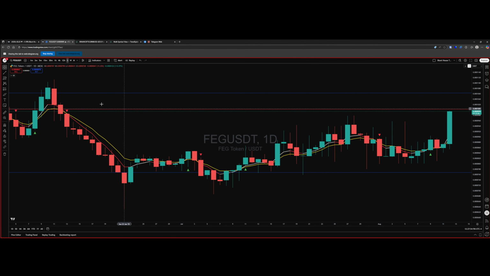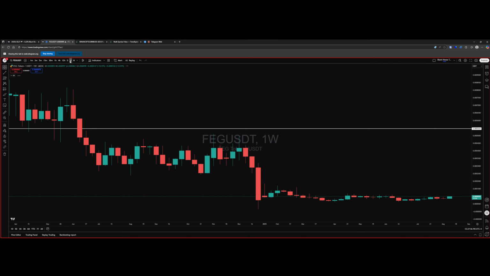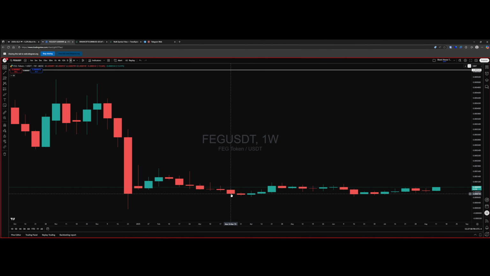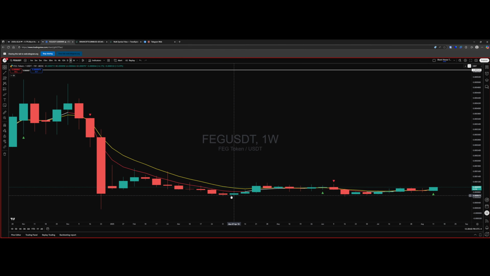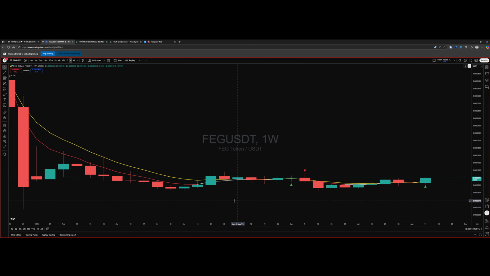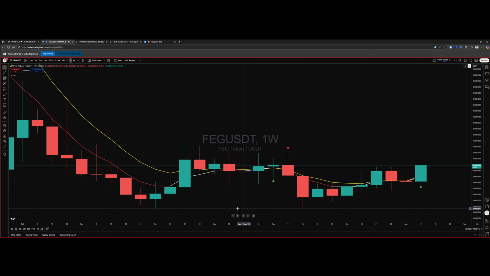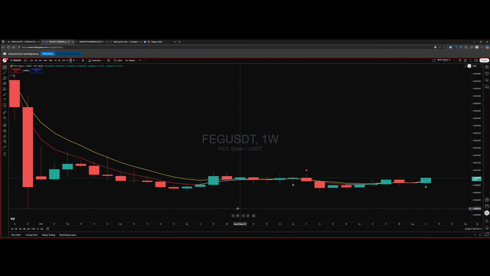And nobody would be looking at the monthly or the weekly chart. Let's see. There you go. So this week you finally get a nice buy signal. So you're getting it on the daily, you're getting it on the weekly.